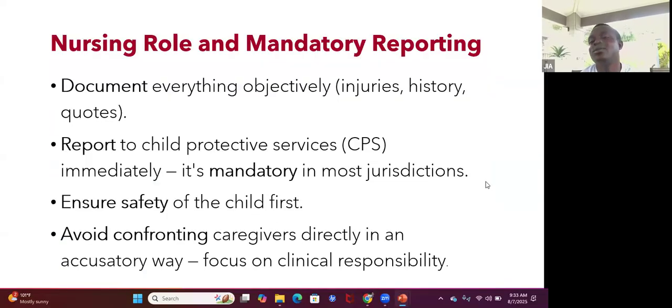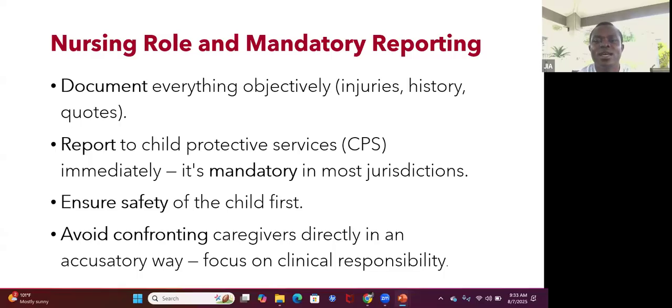You should suspect it. Now, the question is, what do we do as nurses? What do we do when we have cases like this? The prime thing is to report. But let us go through these things and see.